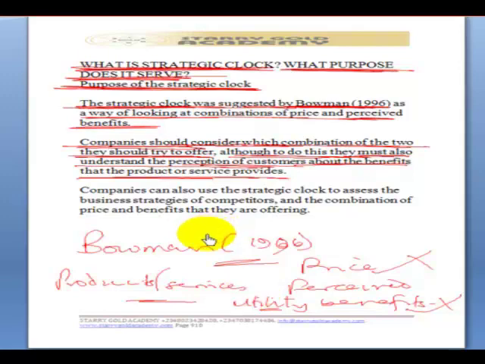So in this case, when we look at these two basic elements of strategic clock, the price and perceived benefit, it is important that rational firms are able to put measures in place on how to achieve these two basic elements.